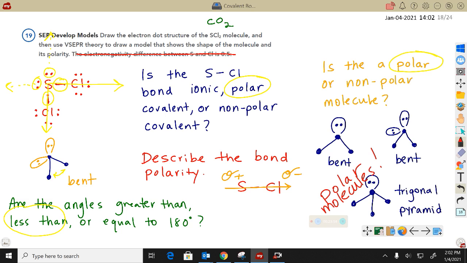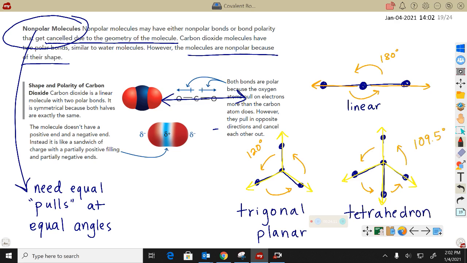But if I have lone pairs, I'm missing some atoms. And then what you're left with will not be an equal arrangement around the center, and it will always be a polar molecule. So you draw the structure. If you've got lone pairs on the central atom, you've got a polar molecule. If you don't have lone pairs, it's a non-polar molecule, as long as the atoms on the outside are all the same.